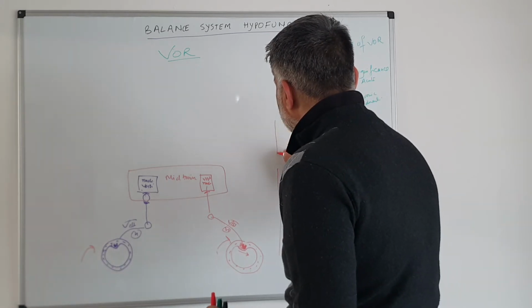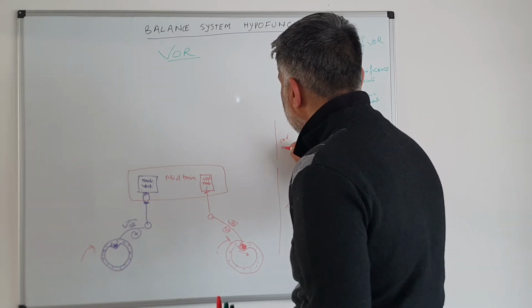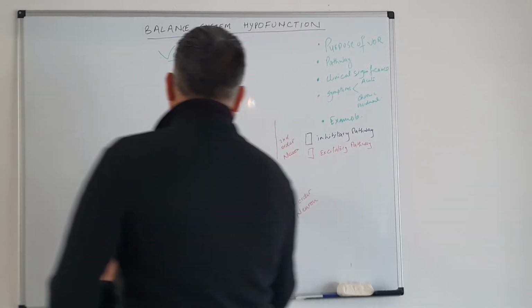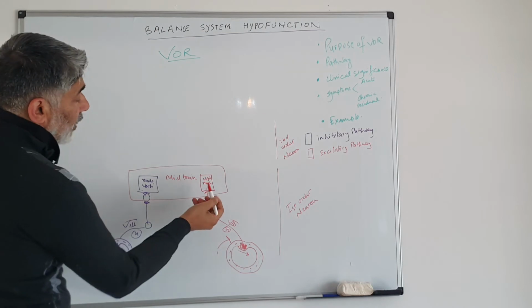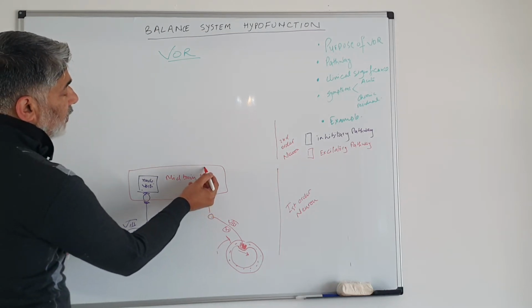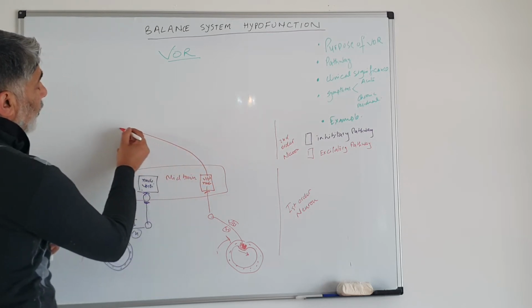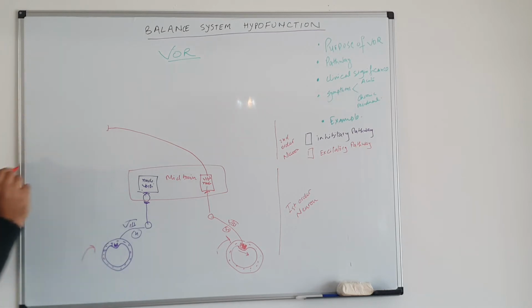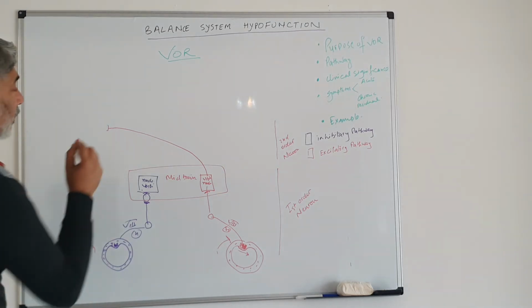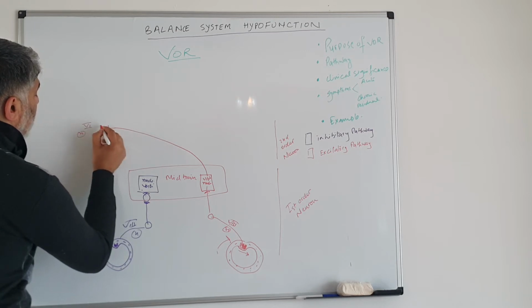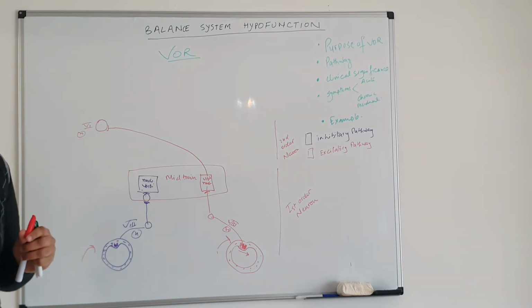From here, the second order neuron from the vestibular nuclei crosses over to the opposite side and terminates at the sixth nerve nuclei, which is your abducent nucleus.